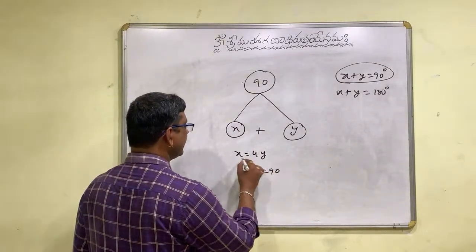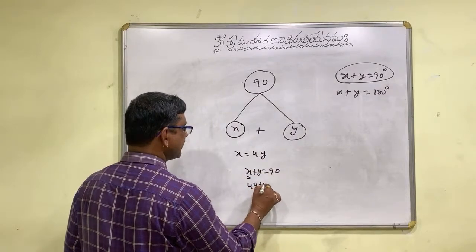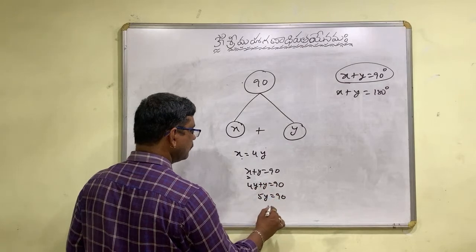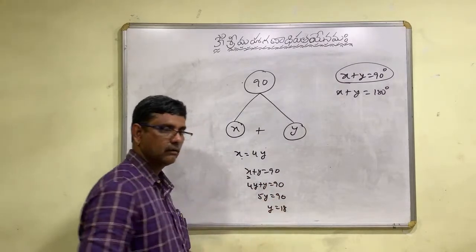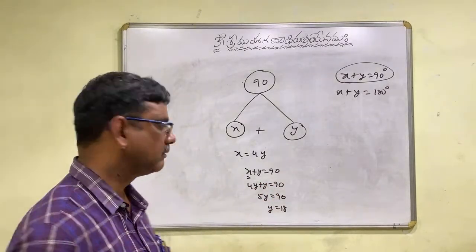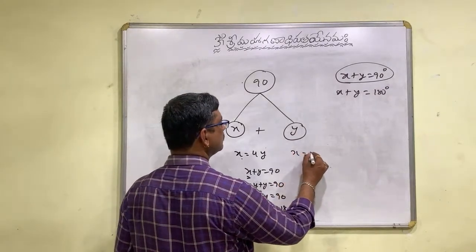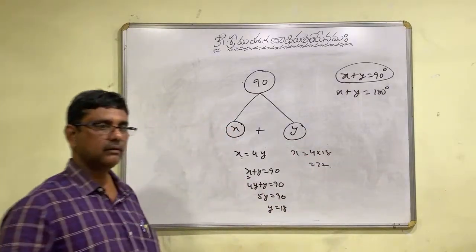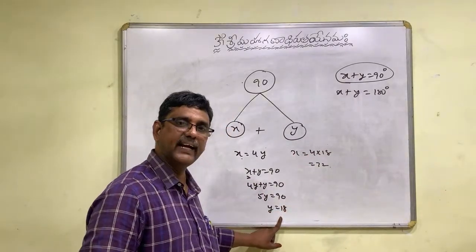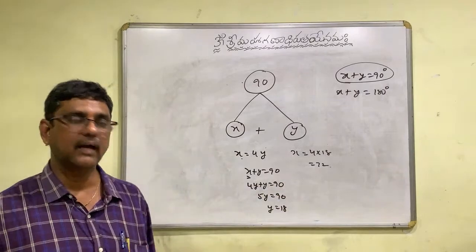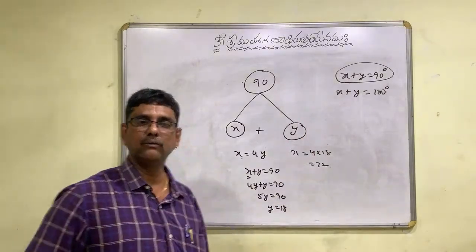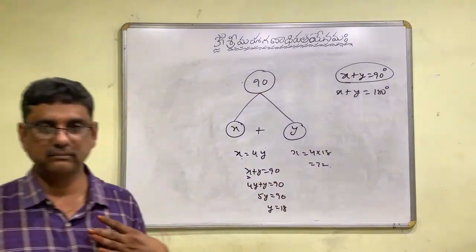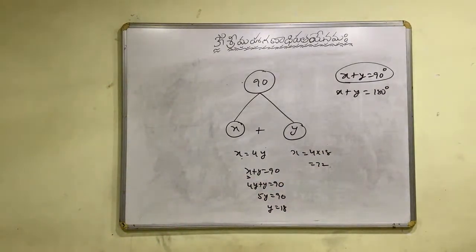Now substitute: 4y plus y is 90, 5y is 90, y is 18. Then x is equal to 4 into 18, 72. So one angle is 18 and its complement is 72. So 72 is 4 times 18. Understand, children?